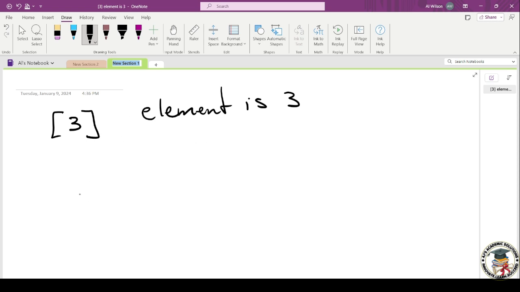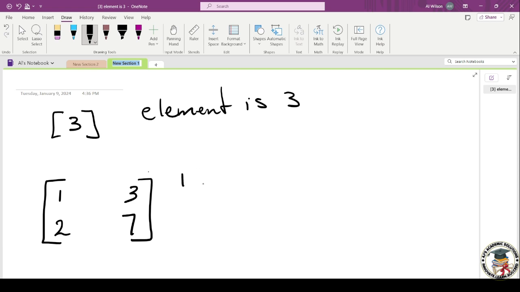So let's say now I make a bigger bracket here, and let's say we have 1, 3, 2, and 7. As I said before, each matrix is made up of elements.